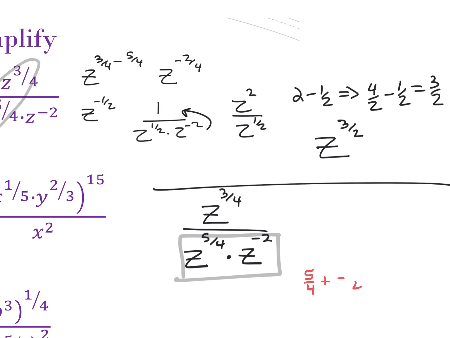I'm going to turn this into a common denominator of 4, and I'm going to make it -8 over 4. So really what I did here was 5/4 plus -2, but then I turned the -2 so it has a denominator. So now I have -3/4.